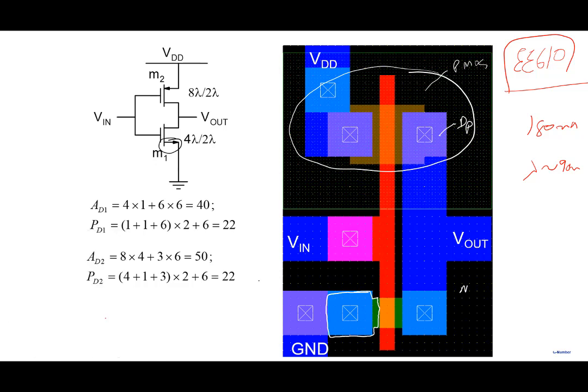This part starting from here and here is your drain. That whole thing is the drain of the transistor, drain and source.